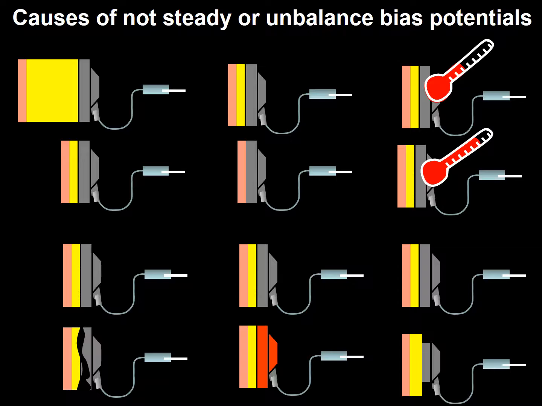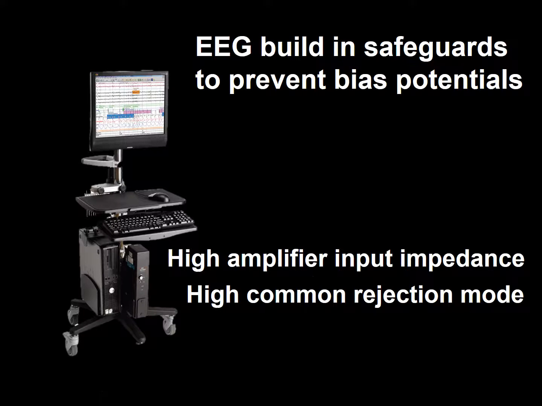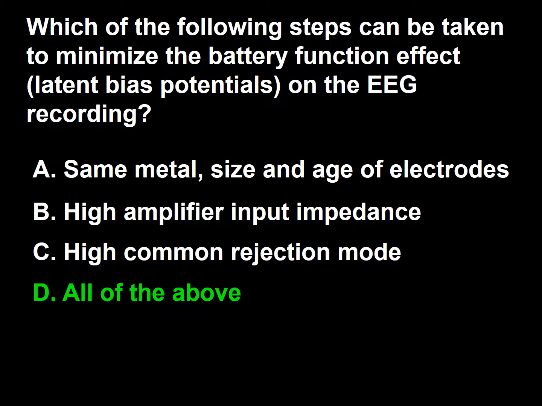Every possible step should be taken to eliminate these sources of bias potentials. But in addition, it is also important to consider the built-in EEG safeguards that prevent electrode artifacts. Most importantly, high amplifier input impedance and high common rejection mode. So the answer is D, all of the above.